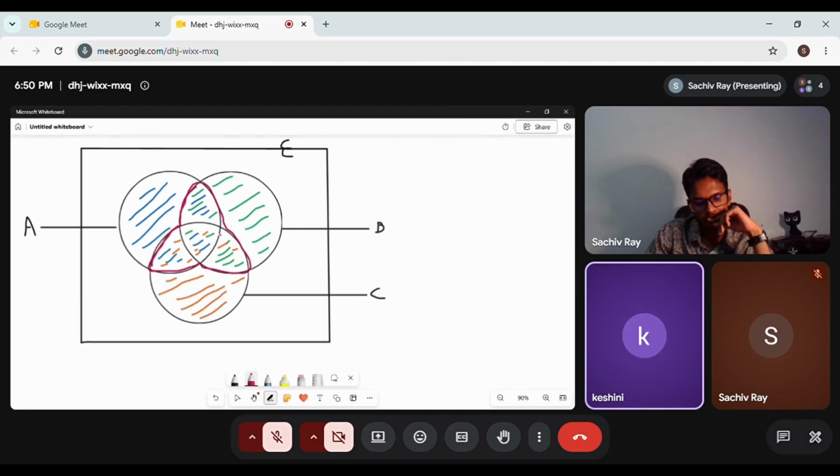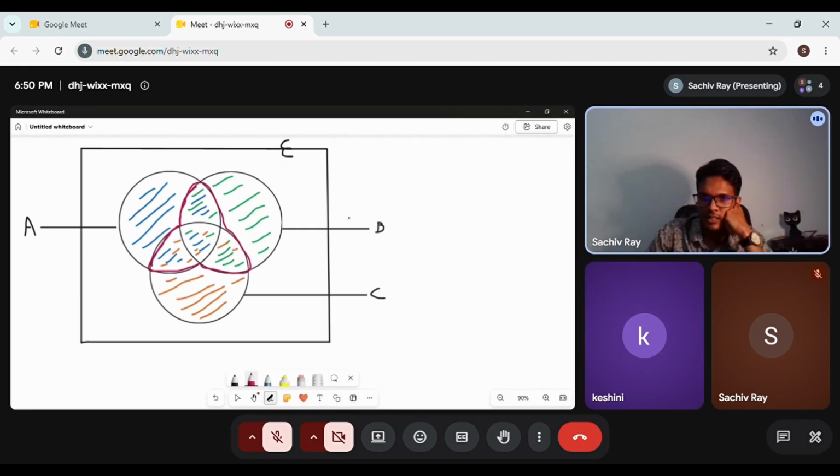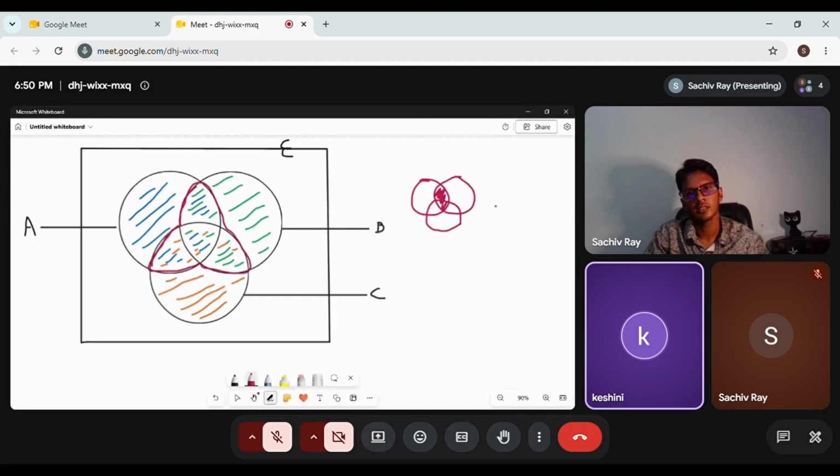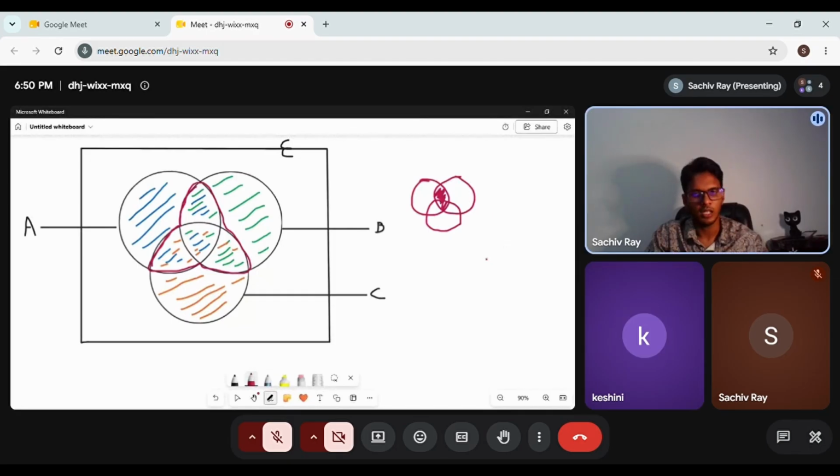Now think of it like this. When this whole diagram was there, let's just draw roughly like this. When you want to find this part, what do you write it as? A intersection B. Keep that in mind.